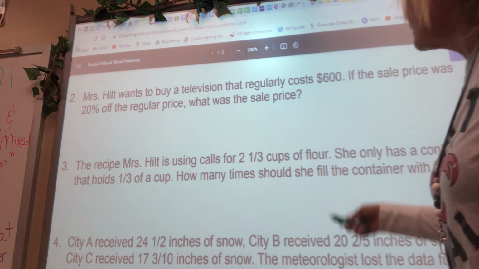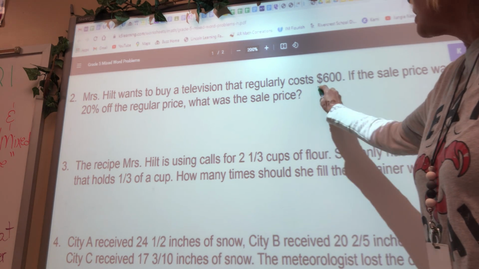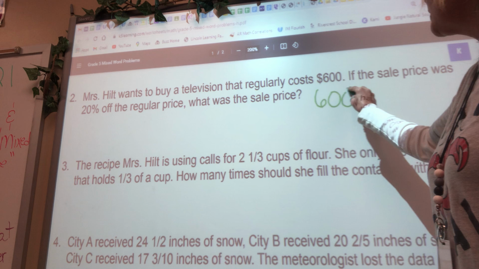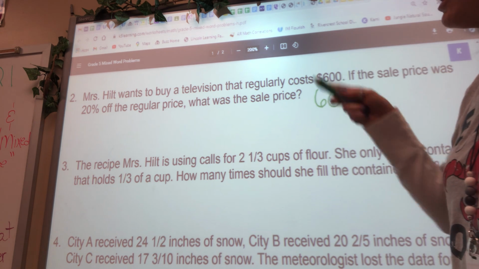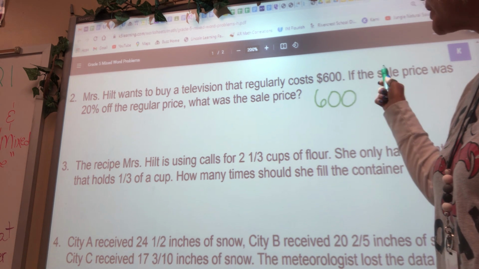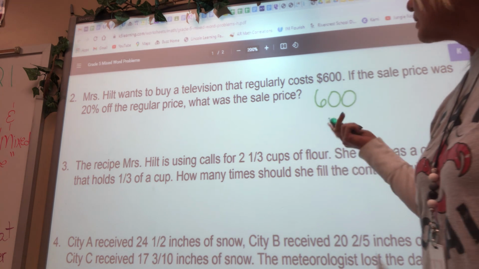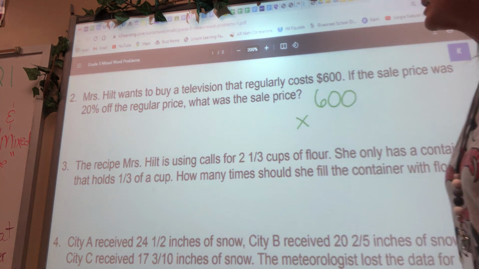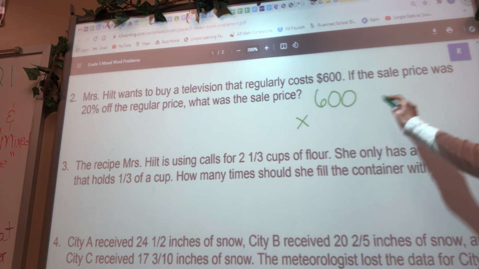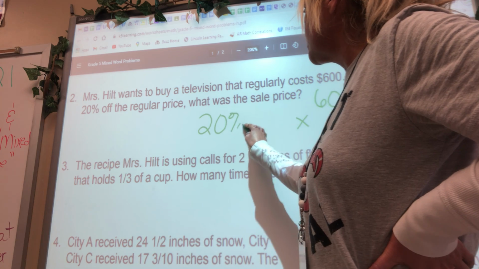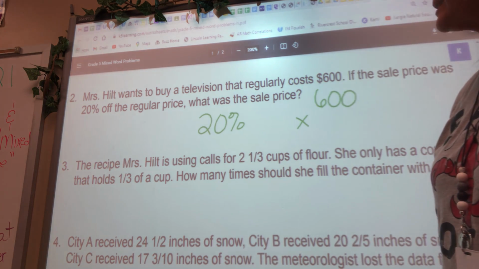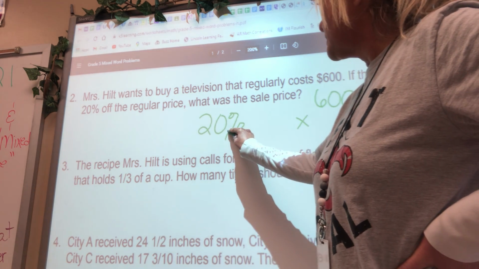Okay, so again, we're taking our $600 and we want to know what they took off. So they took off 20% of the regular price. And we just talked about how we know we're going to be multiplying. And we also talked about how it doesn't make sense to multiply times a percentage, so we turn it into a decimal.